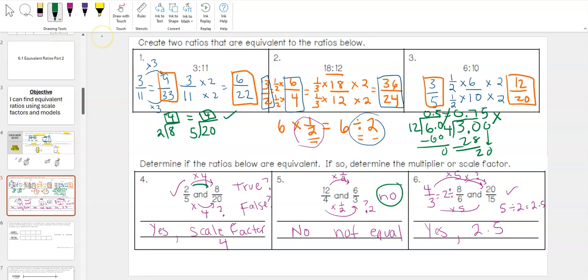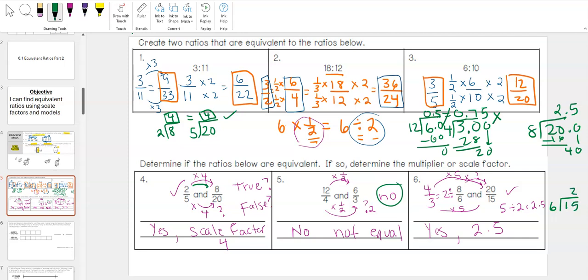Now, if you're going, Miss Kirkwood, I do not understand how you did that, then pay attention to this right here. I'm going to do long division like I did before. I'm going to do 20 divided by 8, and I'm going to do 15 divided by 6. So 8 goes into 20 2 times. Add the 0, and it goes into 40 5 times. That's 2.5. Let me move my 15 and my 6, because they're in the way.